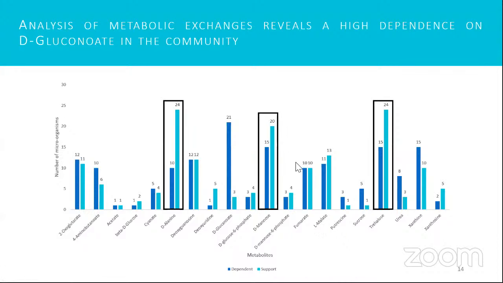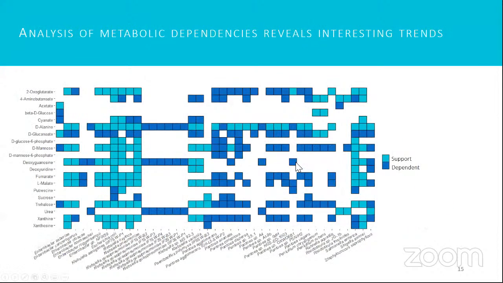Moving on to the metabolic requirements for each microorganism, there seem to be some interesting trends. Of course, the same legend applies here as well: the teal represents the metabolites that are given by a specific organism in support, whereas the blue represents the metabolites that a particular microorganism is dependent on.